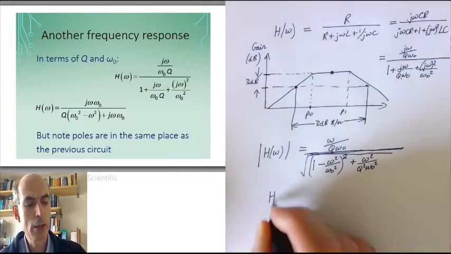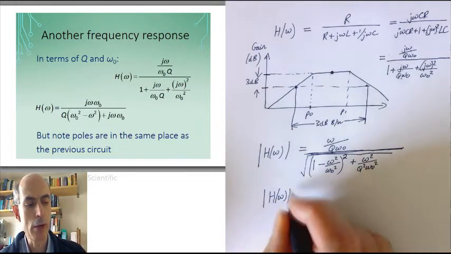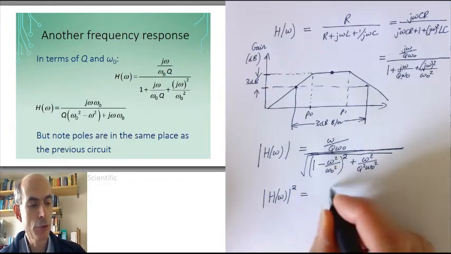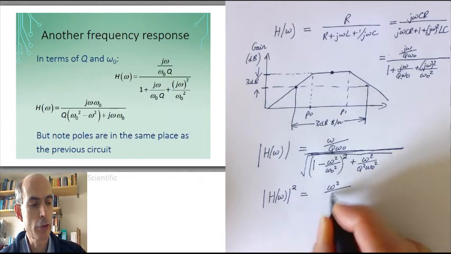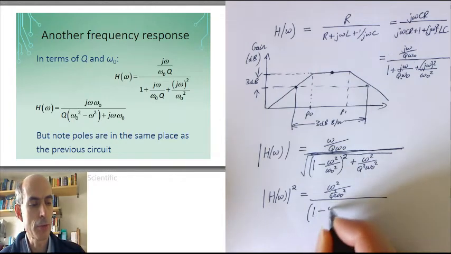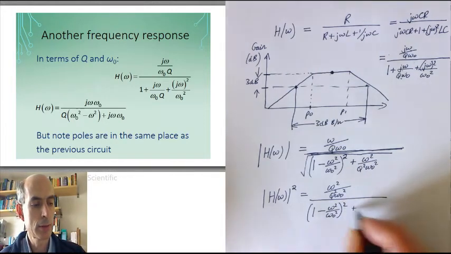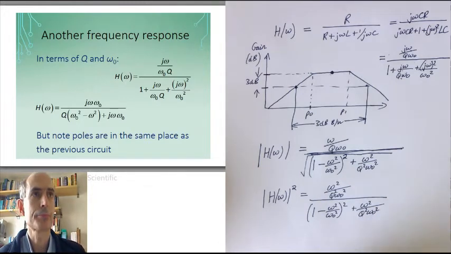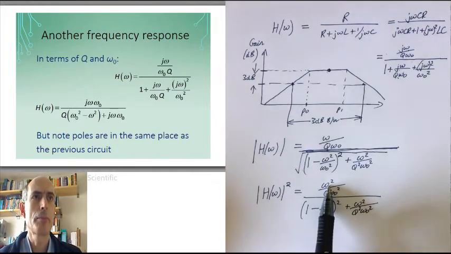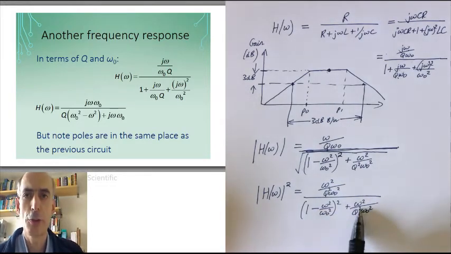What I'm going to do next is square everything. So I'm going to say, let's have a look at the square of the amplitude gain. That's going to be omega squared over Q omega naught all squared over 1 minus this lot, and then note that this is a perfect square, and so is this, and so is this.